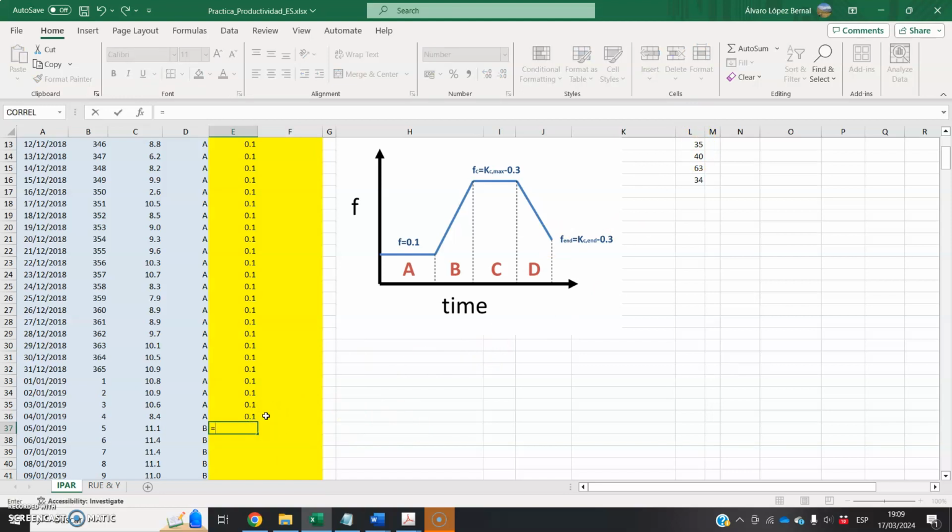We start from 0.1, and in each of the days of the stage, we will add the following: 0.85 minus 0.1 divided by the number of days, which is 40.